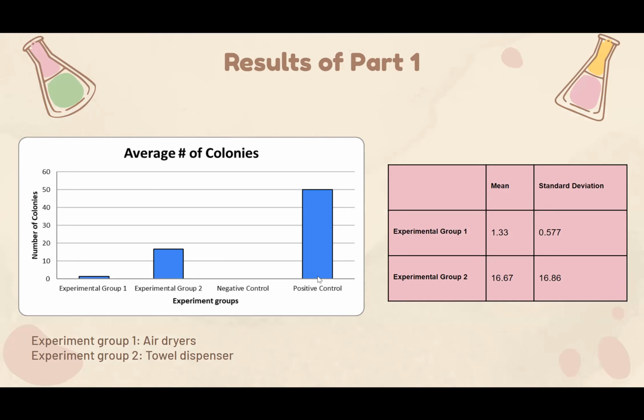So as you can see, the towel dispensers exhibited more bacterial growth than the air dryers. Using about 3 agar plates for each experimental group, we compared the different types, and we observed that more bacterial colonies grew from swabs on the towel dispenser versus the air dryer.